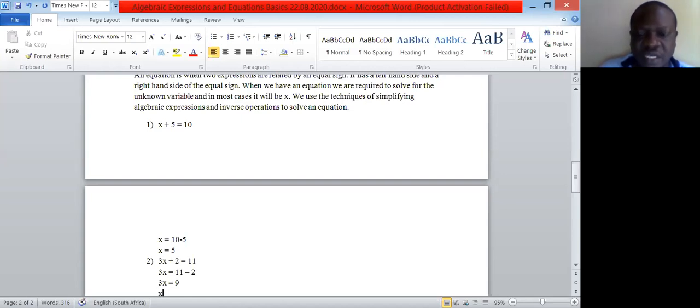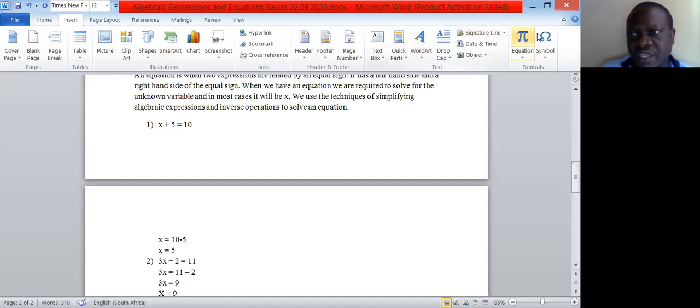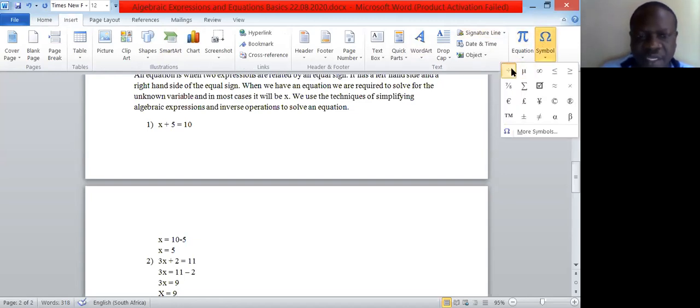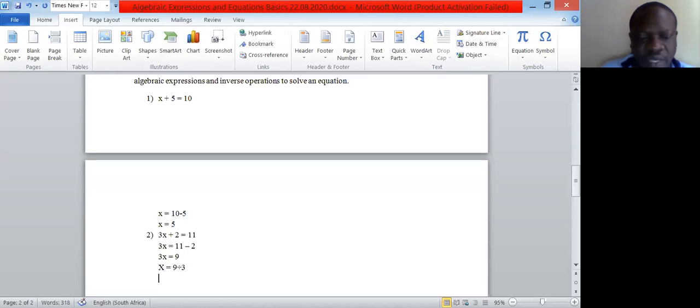So x will be equal to 9 divided by 3, or 9 over 3. So our x will actually be equal to 9 divided by 3 is 3. Or here you can say, some people prefer to say 9 over 3.